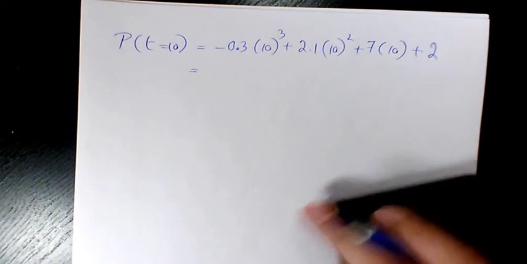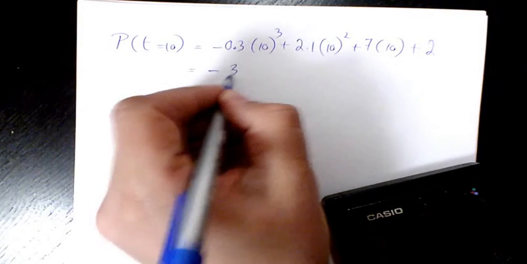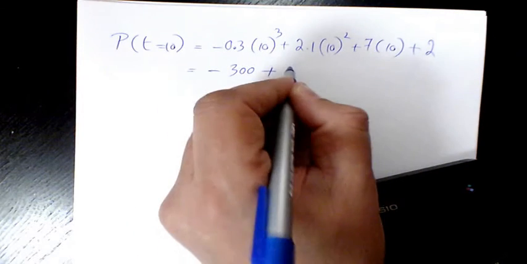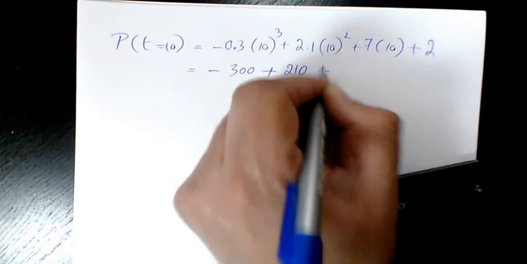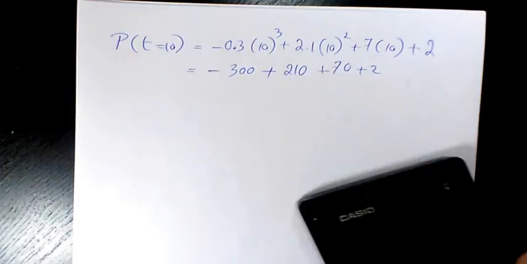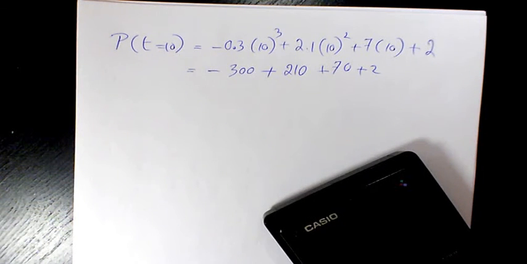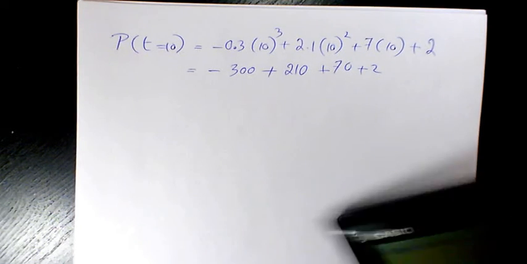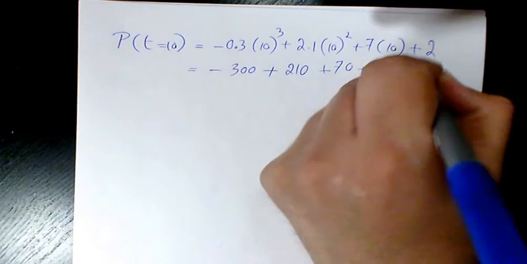So that's going to be negative 300 plus 210 plus 70 plus 2. That's going to be negative 18.